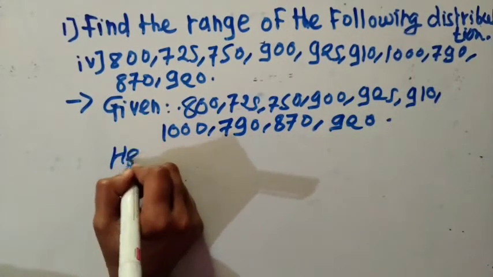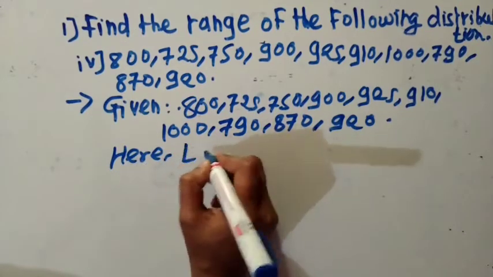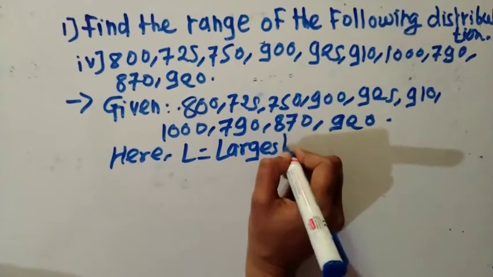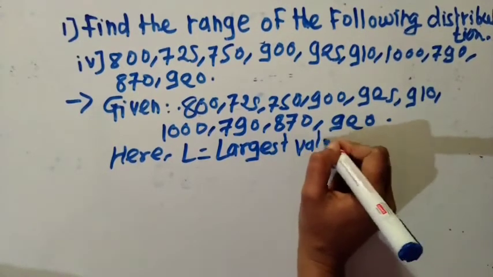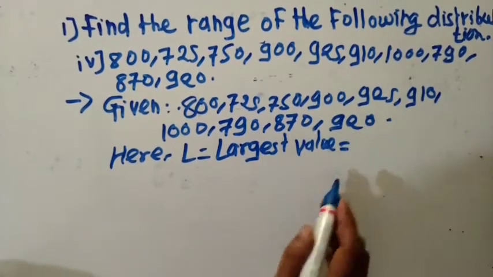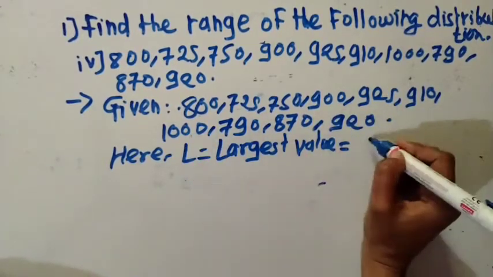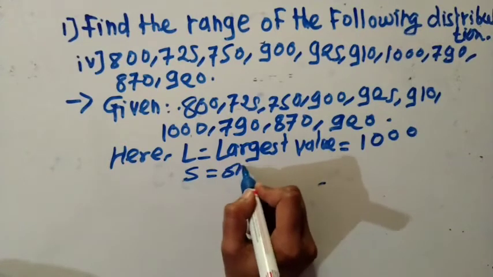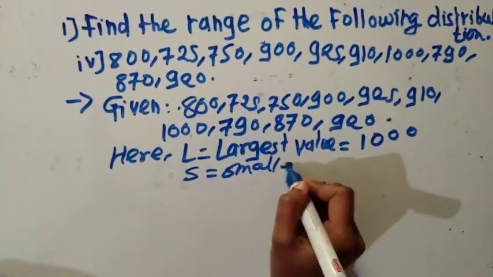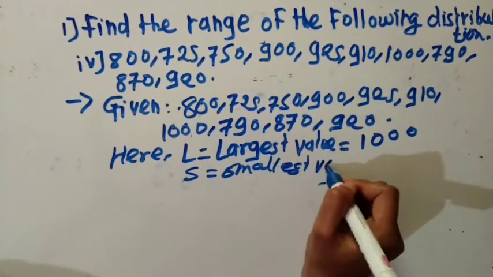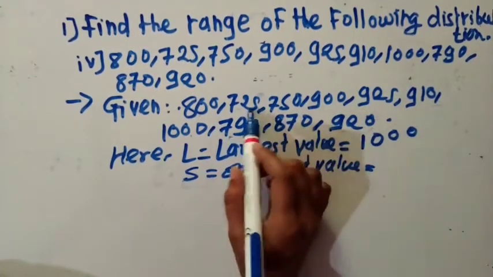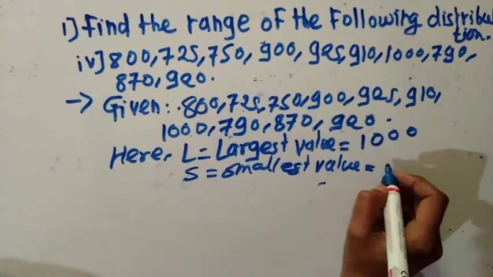Here L is the largest value, here largest value is 1000 and S is the smallest value, and smallest value is 25.